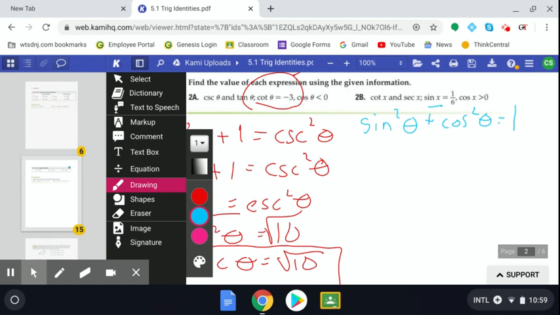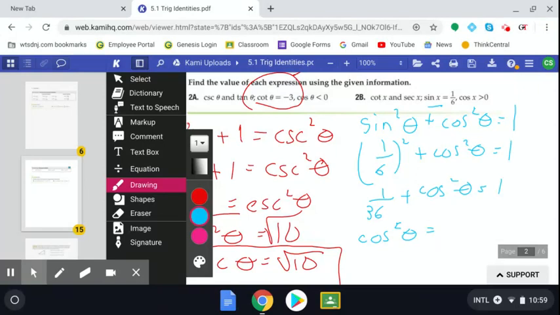So 1/6 squared plus cosine squared theta equals 1. So this is 1/36 plus cosine squared theta equals 1. I'm going to have to subtract, so cosine squared theta is equal to, and I'm going to rewrite this as 36/36.